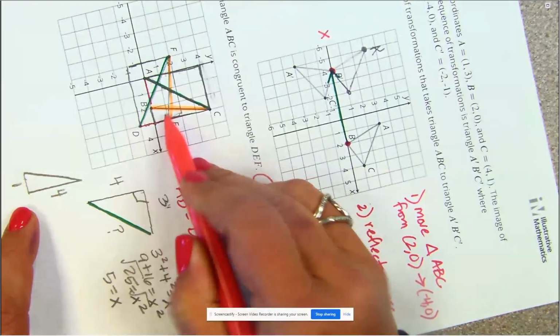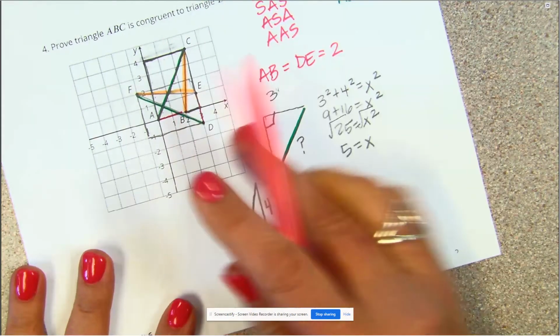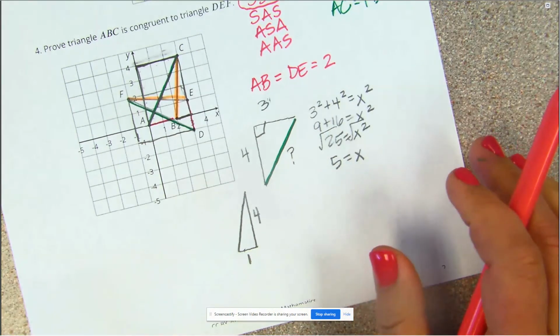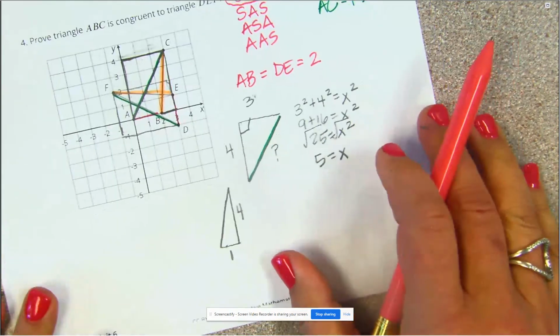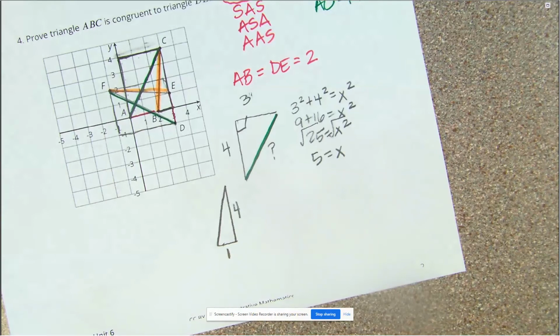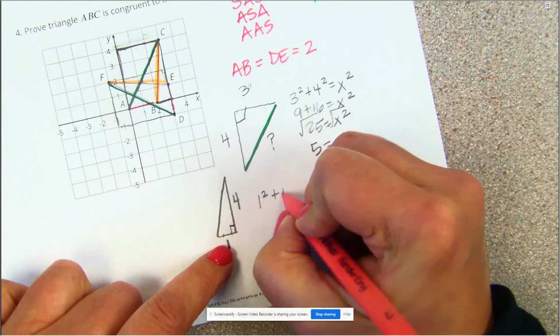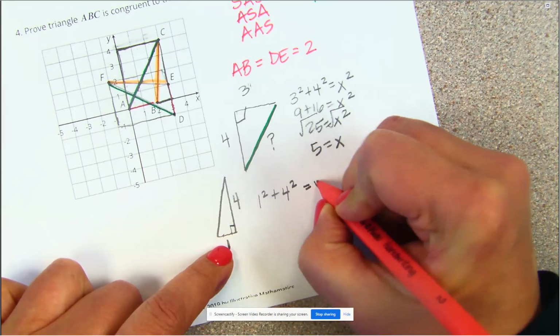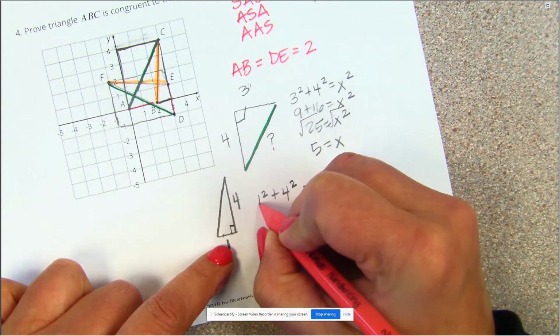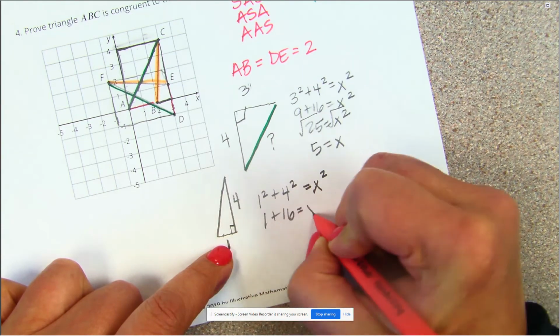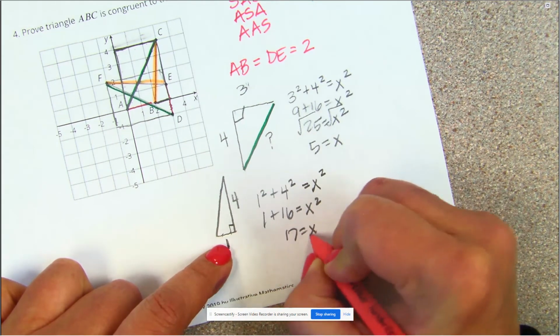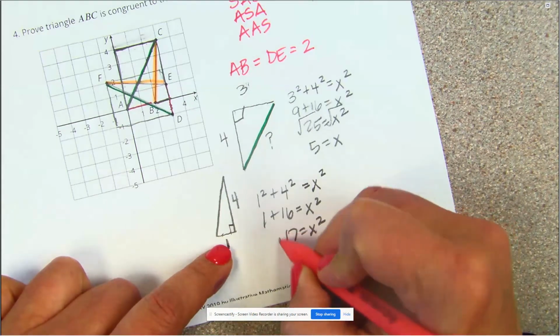So that orange segment on both those triangles, if I create triangles out of those, it creates the same Pythagorean theorem problem. Probably don't even have to show it because the fact that it's creating those triangles, but let's just go for it. So 1 squared plus 4 squared equals, I don't know, squared. That's 1 plus 16, 17. So I take the square root.